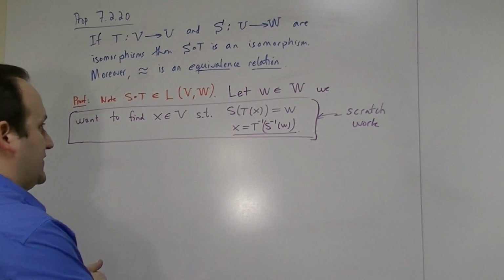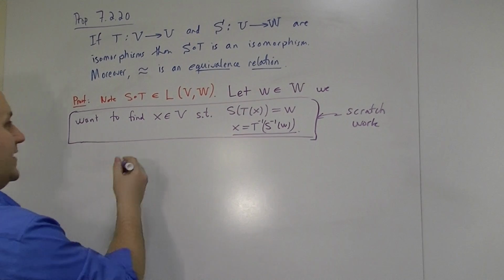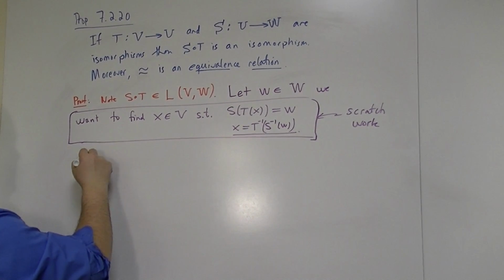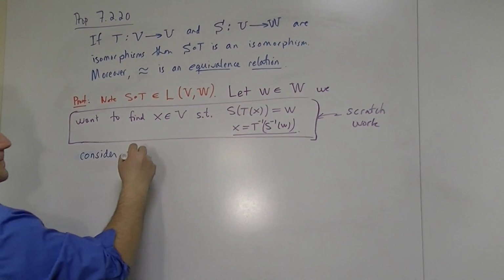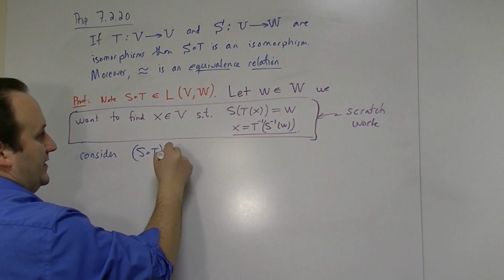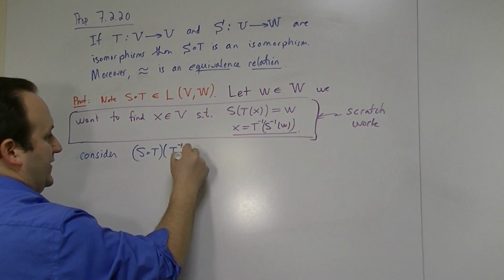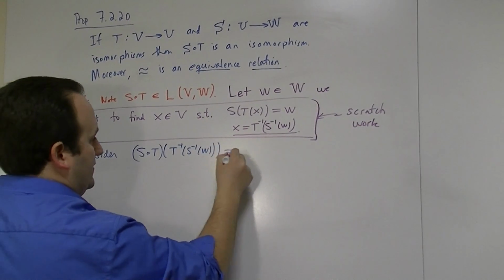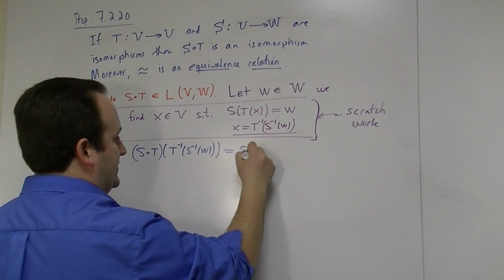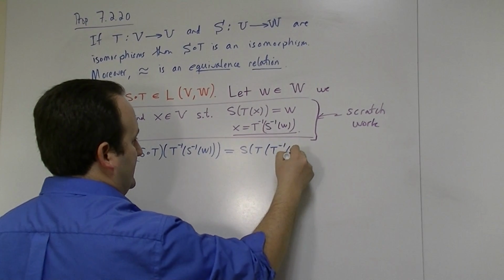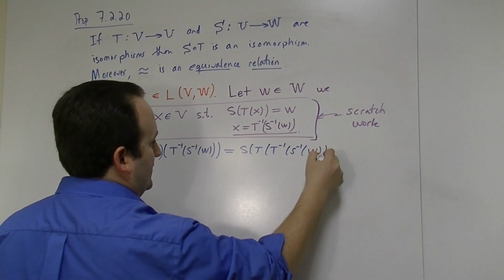You know, if I wanted to just be correct and lose all of you, I should say we consider S composed with T acting on T inverse of S inverse of W. All right? And so you just do it. So that's S of T of T inverse of S inverse of W.